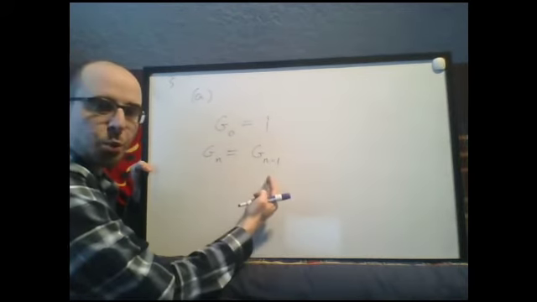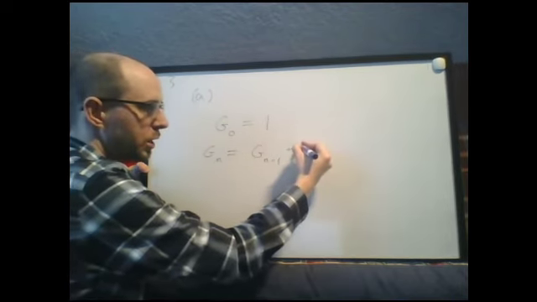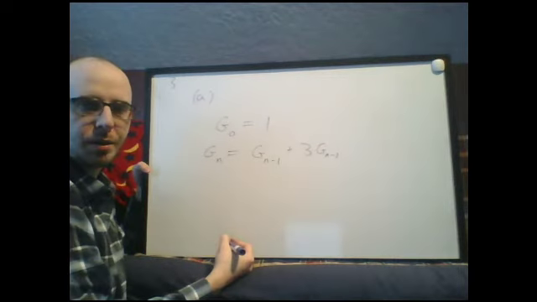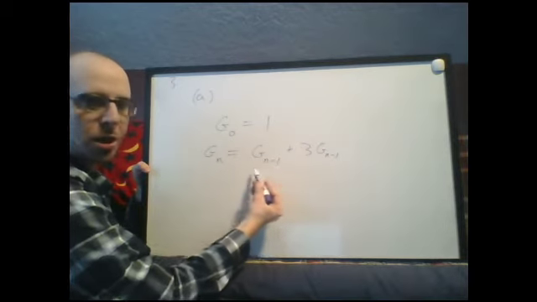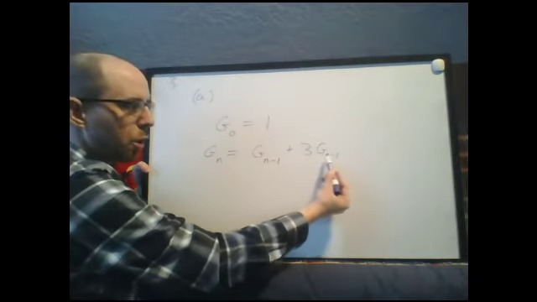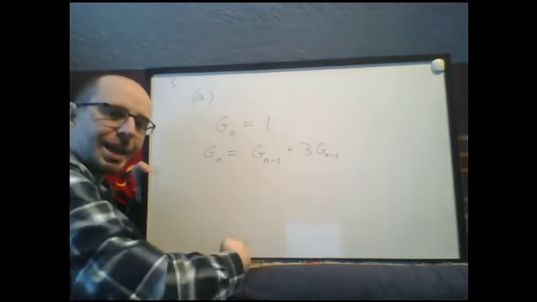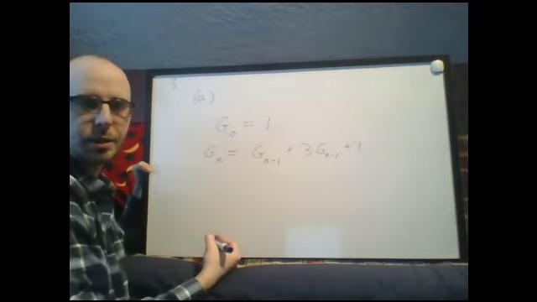Then each one of those gnomes is going to produce 3 more gnomes. So we're going to gain 3 times Gn minus 1. Okay, so these are the gnomes that we started with at the beginning of the year. These are the gnomes that they produced. Then we've got the magical tree, it makes one new gnome, so that's plus 1.